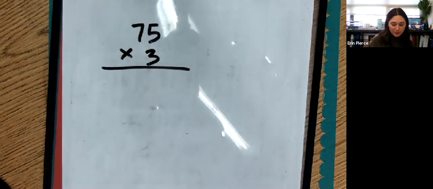And then somebody's going to walk me through how to solve it. You're going to pick area model, standard algorithm, partial products, distributive, and you are going to help me do it. So 30 seconds. I see some of you have already started.